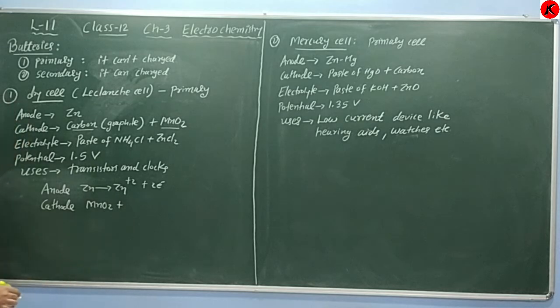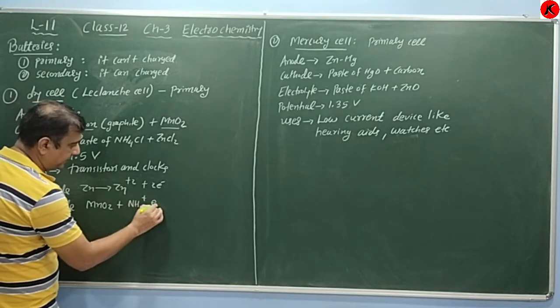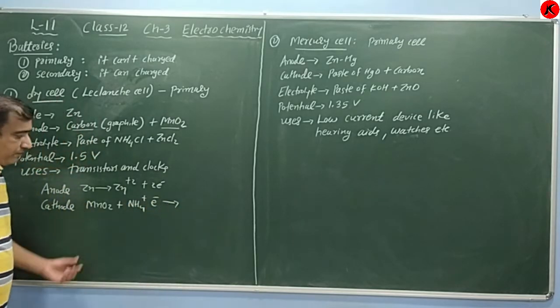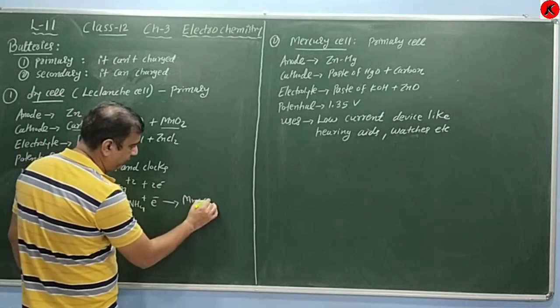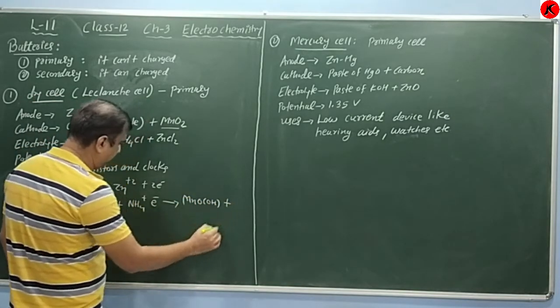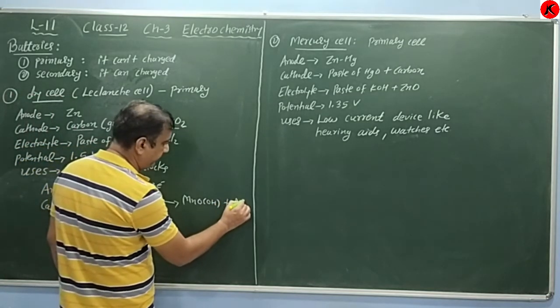MnO2 plus NH4+ from the electrolyte. Reduction is the addition of an electron. This is converted to MnO(OH) and ammonia gas is released.